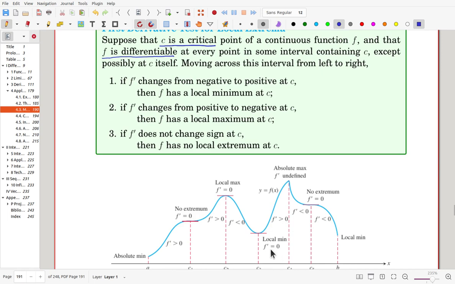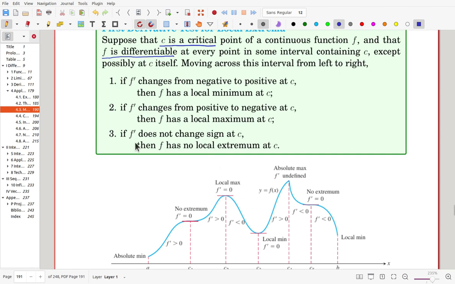As in this picture, f prime is negative and then f prime is positive, so the critical point is a local minimum. And if f prime changes from positive to negative, then it is a local maximum.